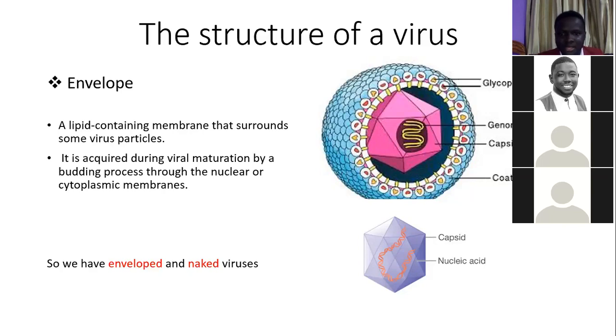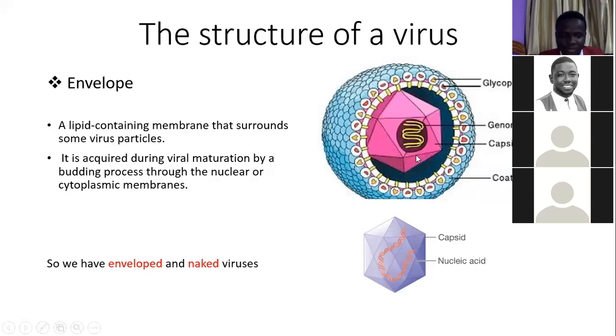Corona is a typical example. Coronavirus has this envelope, and the major function of this envelope is to protect the capsid and also the nucleic acids. It also gives a structure to the virus, and it also confers antigenicity. When I say antigenicity, I will explain later.